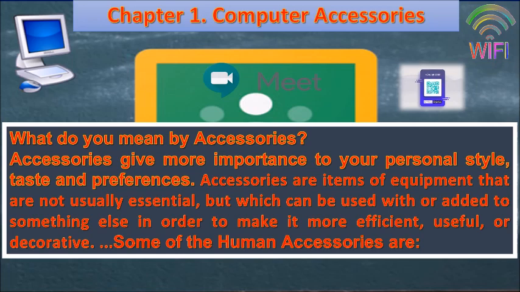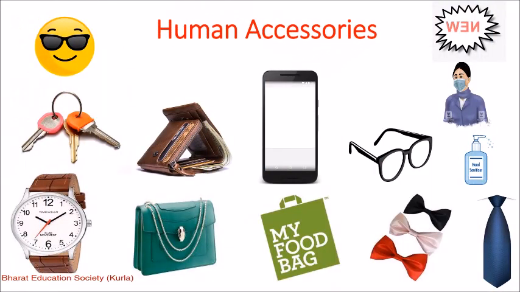Some of the human accessories are sunglasses, keys, watch, purse, mobile, foot bag, spectacles, bow tie, and the new accessories which are most important nowadays: mask and sanitizer for your safety.